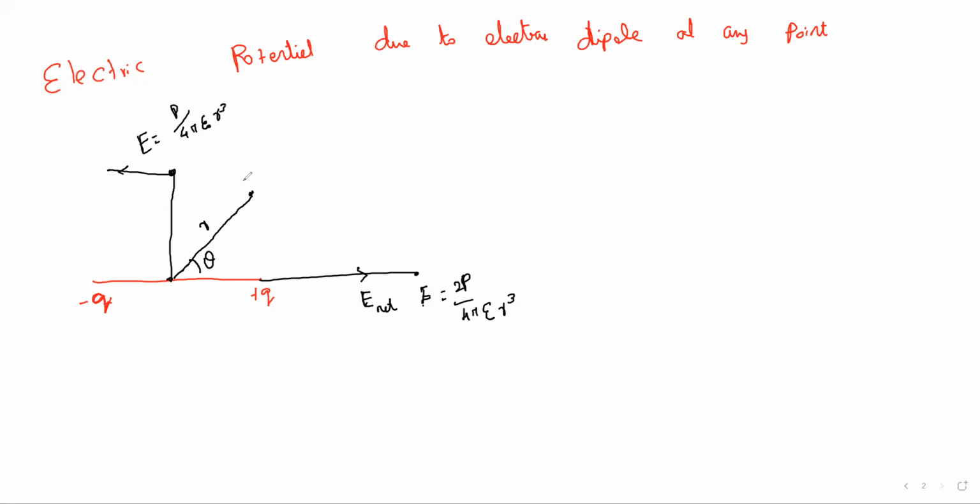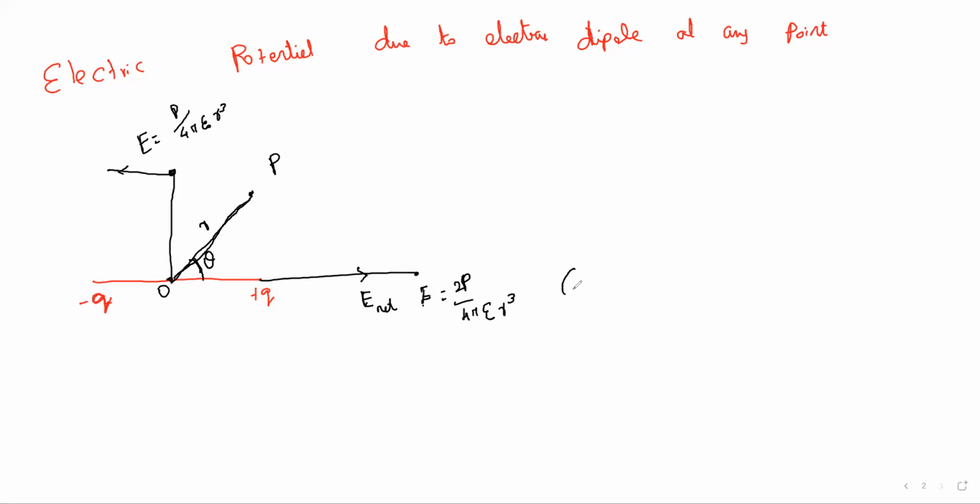One is the distance from the center of the dipole, and another one is the angle of the line connecting the center of the dipole and the required point with the electric dipole. So the angle between these two lines and the distance from the center, those two things are important.